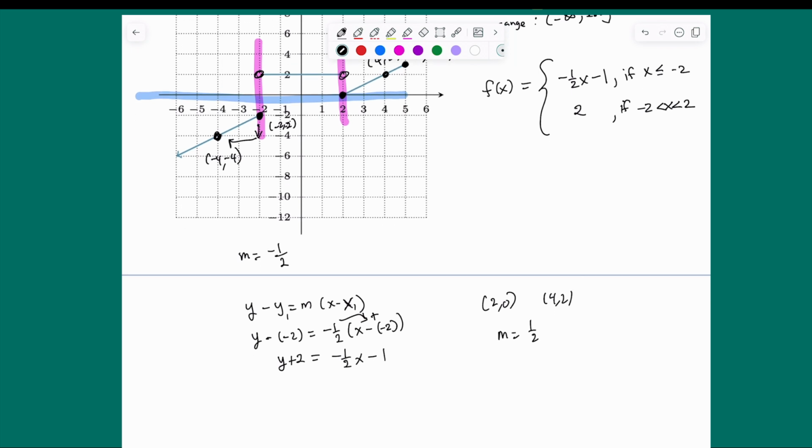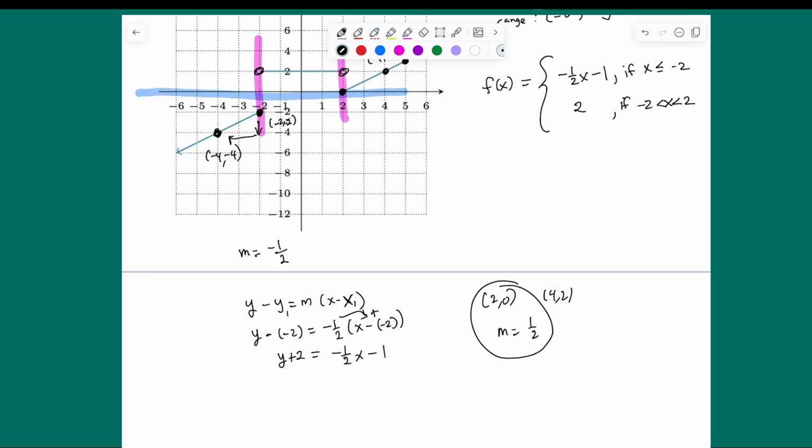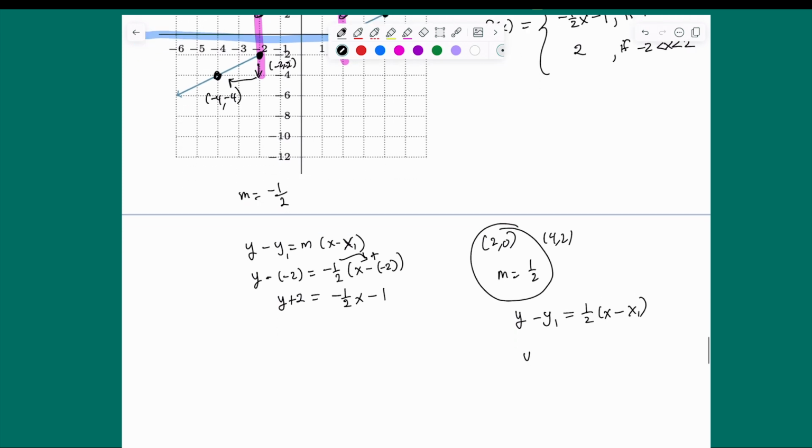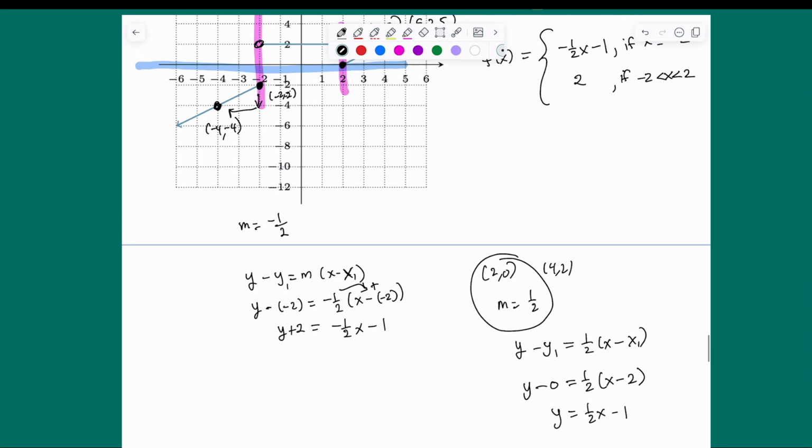That happens to be useful information to get. We could use the point-slope formula to find the equation of that line. And doing so, we would have y minus 0 equal to 1/2 times x minus 2. So we get y equals 1/2 x minus 1.